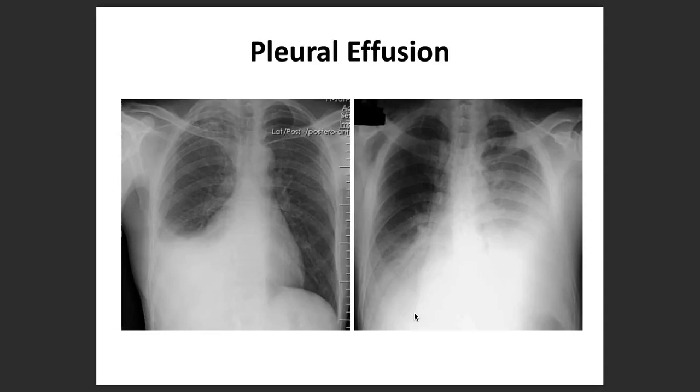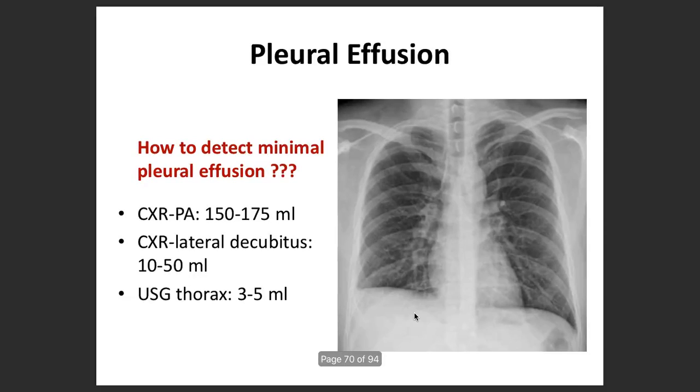However, if in chest X-ray PA view you are able to determine it, it is going to be almost 150 to 175 ml. Otherwise, with the ultrasound in the thorax region, even if it is as little as 3 to 5 ml, you will be able to determine it, in fact. So that's what I was talking about.